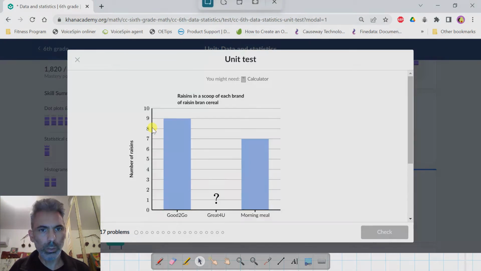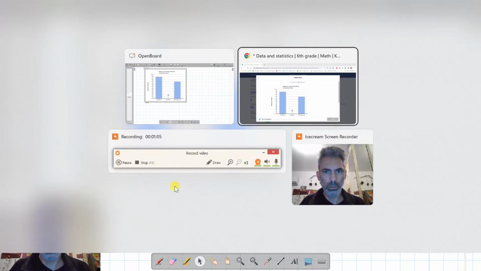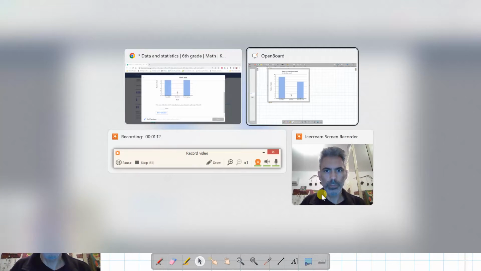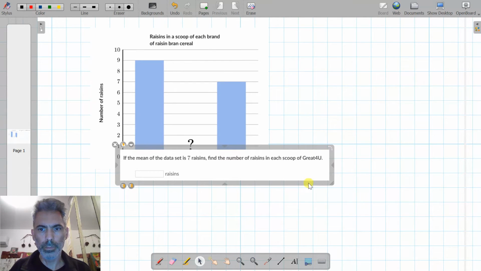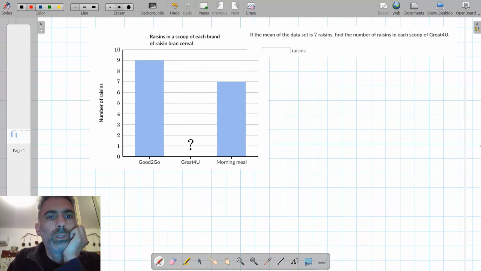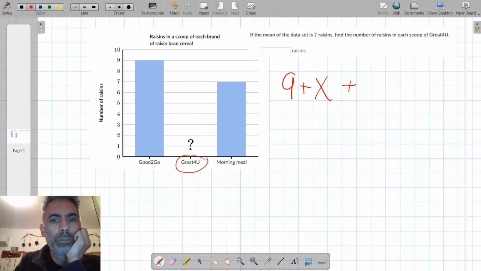Let me first copy the question to the board. Okay, so we know that this brand has 9 raisins, so 9 plus an unknown number for Great for You plus Morning Meal has 7 raisins.